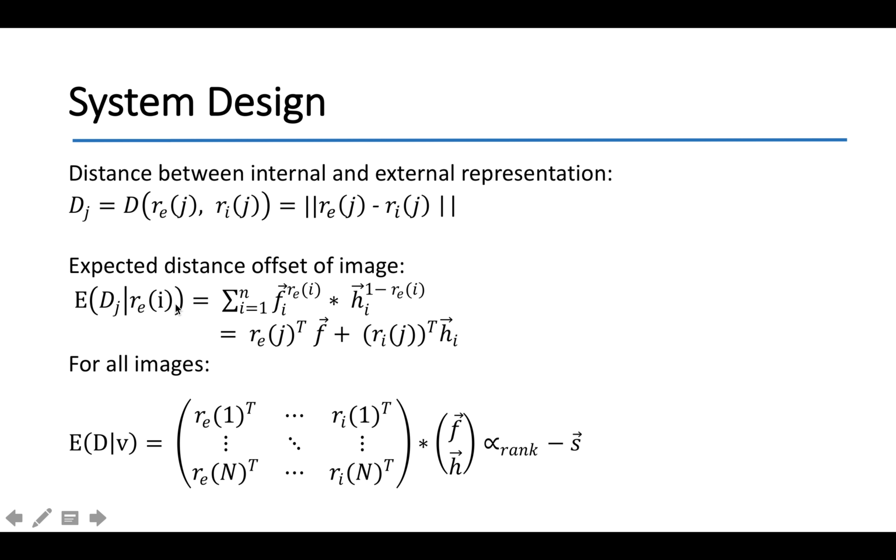So we can see that the higher the expected distance of image j is, the more likely image j will be forgotten or hallucinated by the observer. For all the images, the expected distance can be calculated as follows. The n here is the total number of images, and the formulation shows that the result of the experiment will demonstrate the memorability rank of different types of images.